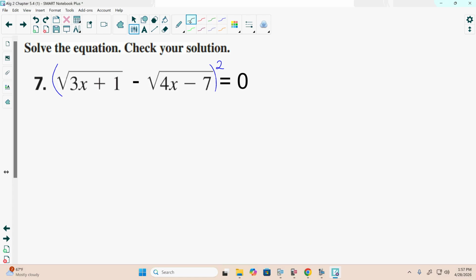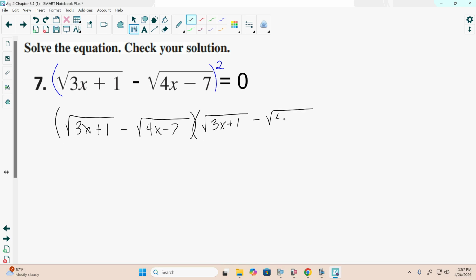But by squaring this left-hand side, and because of that subtraction, it's saying we're multiplying this term by itself. We would actually have to distribute this whole thing out, multiply it all the way out.